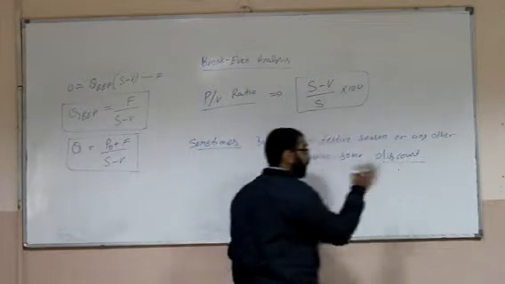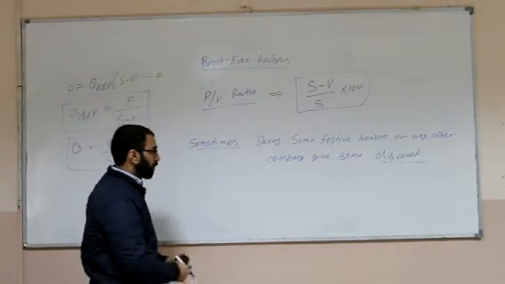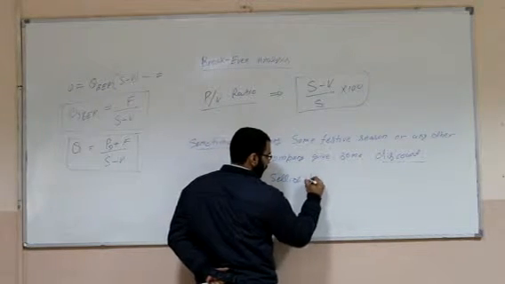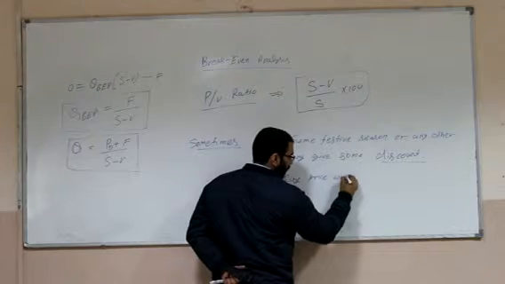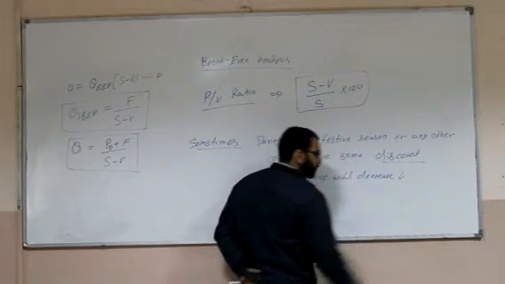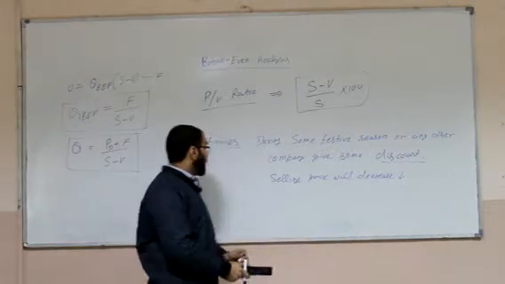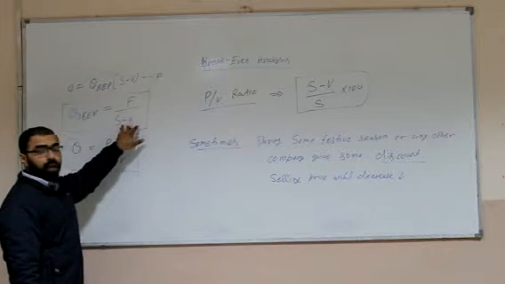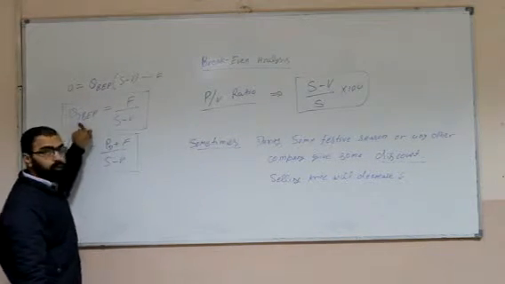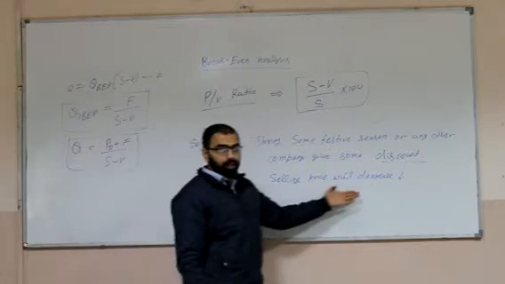So what will be the effect of that discount on break-even analysis? Discount means the selling price will decrease. If the selling price is decreasing, the denominator will decrease. I have to produce more quantity to achieve the break-even point.